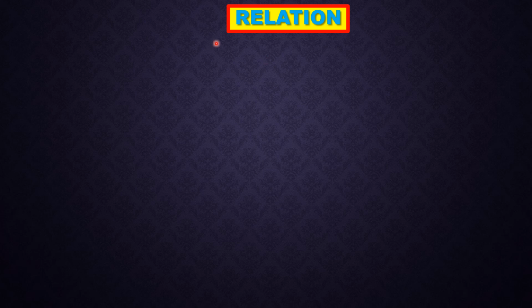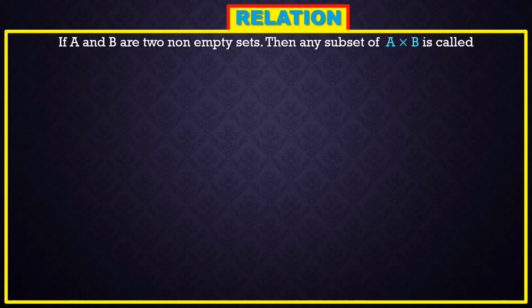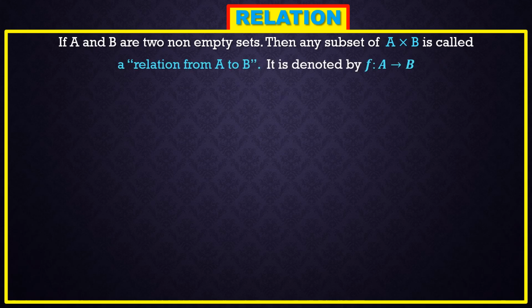Next definition is relation. Let us see the definition. If A and B are two non-empty sets, then any subset of A cross B is called a relation from A to B. Symbolically, it is denoted by F is a relation from the set A to B. Here we observe that we take any subset of the Cartesian product of the sets A and B, denoted by A cross B. This is a set of ordered pairs.